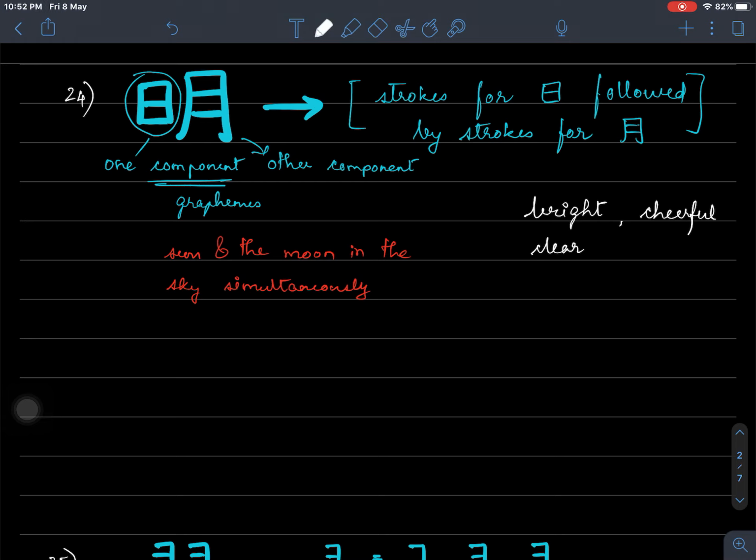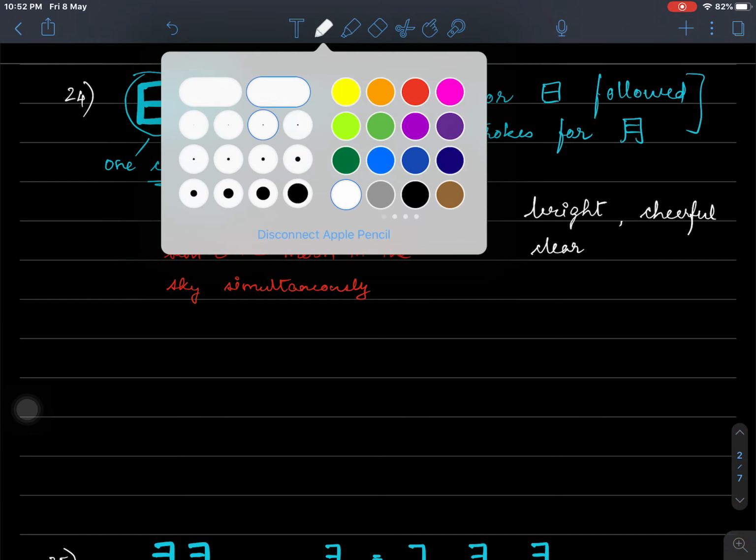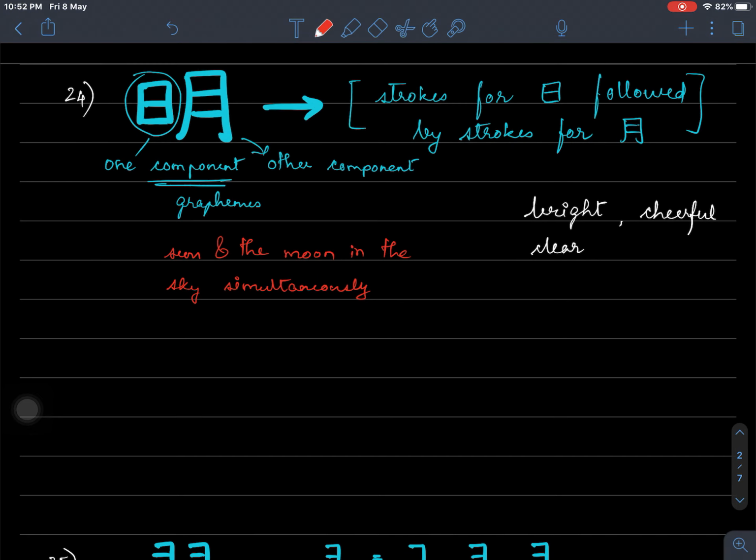So it has to be a clear sky in order for you to be able to see it. So the two meanings that this visualization of having the sun and the moon simultaneously in the sky gives us are bright and clear. So I hope you can remember that.